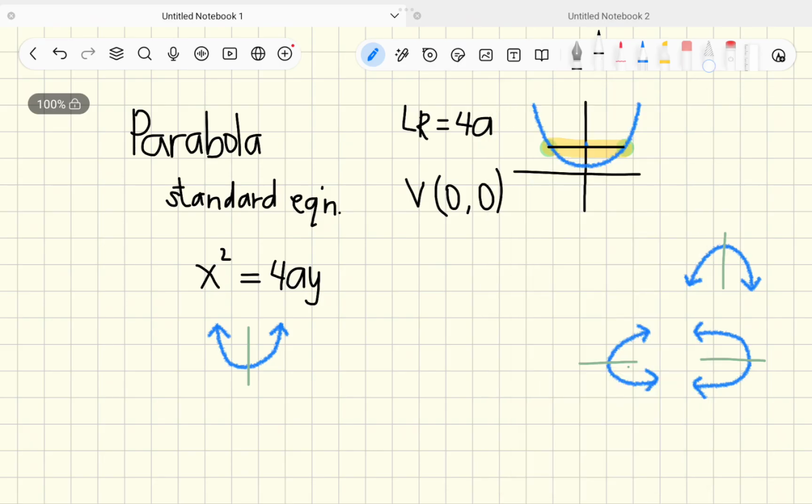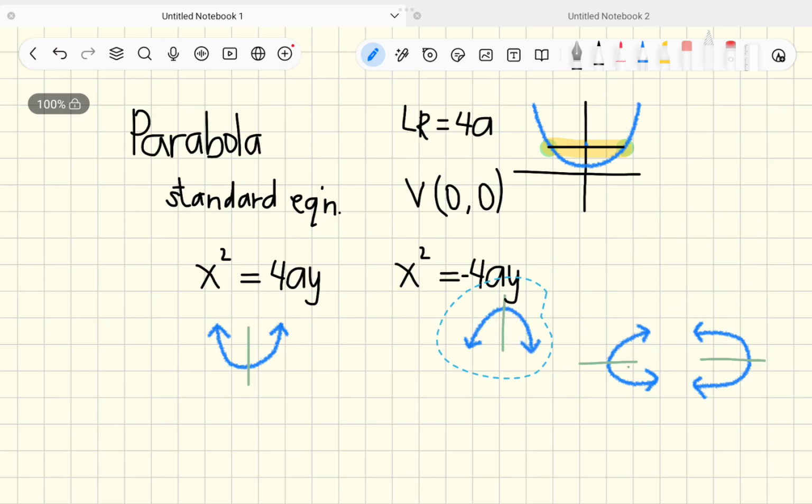If you have the same equation but instead of positive you have negative 4ay, then your parabola is facing downwards. So these are the two standard equations if the vertex is at the origin.